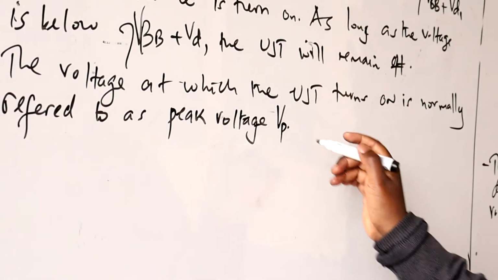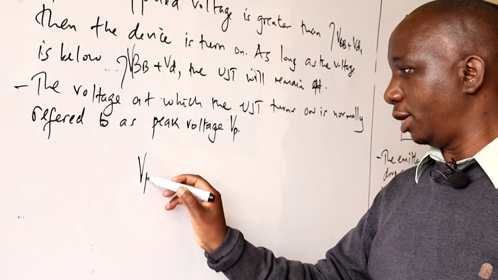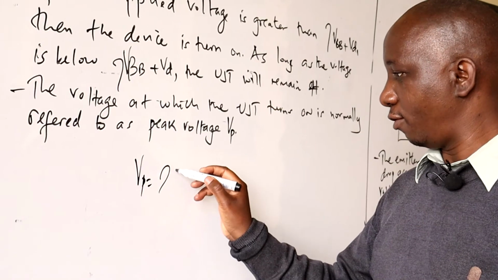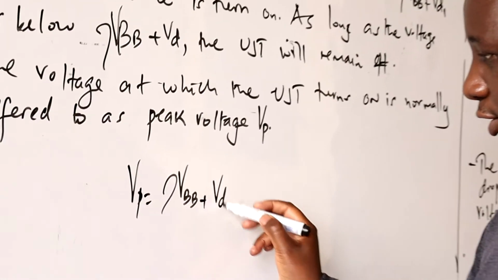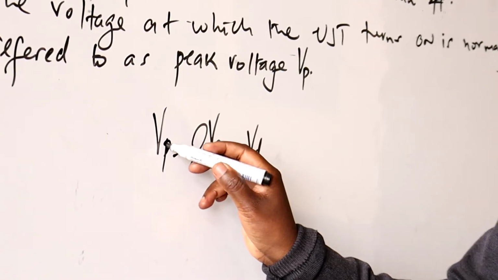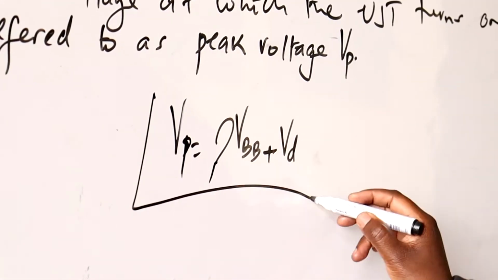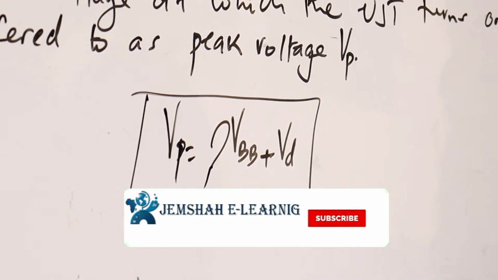So the minimum voltage VP is supposed to be given as this nu VBB plus VD. So that's the minimum voltage required as the peak voltage.